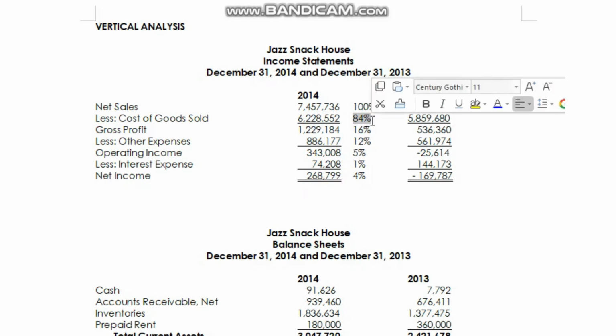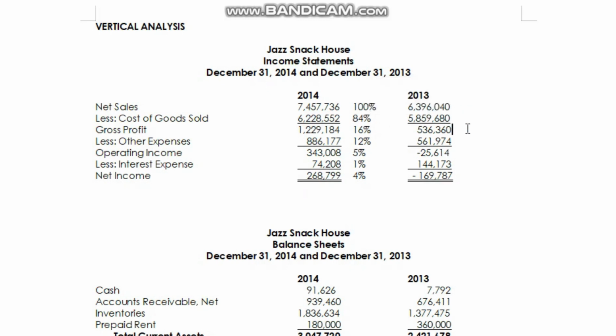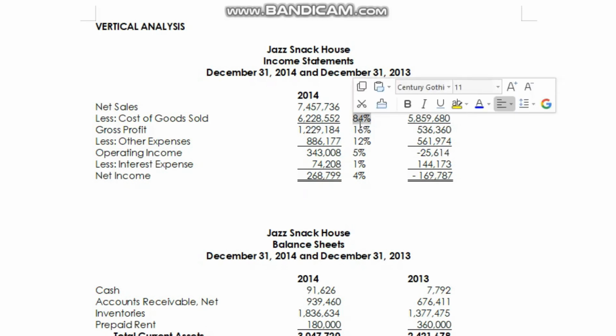This means that for every peso of sales, the cost component is 84 centavos. Although 84% is still big, after you compute for 2013, you will see that there's a decrease from the percentage of the 2013 cost of goods sold to the 2014 cost of goods sold.